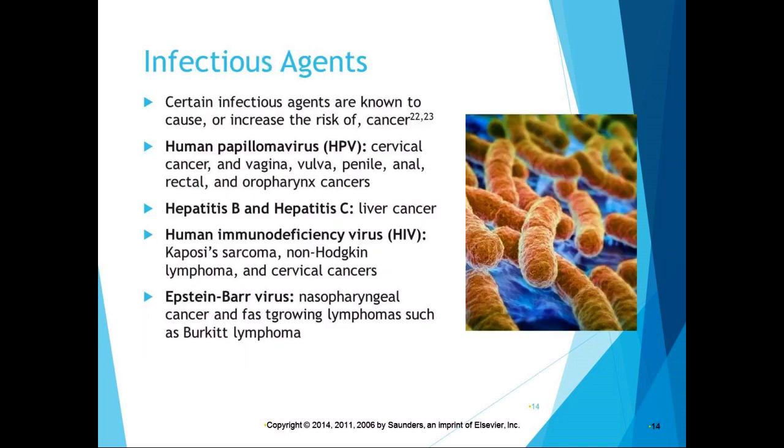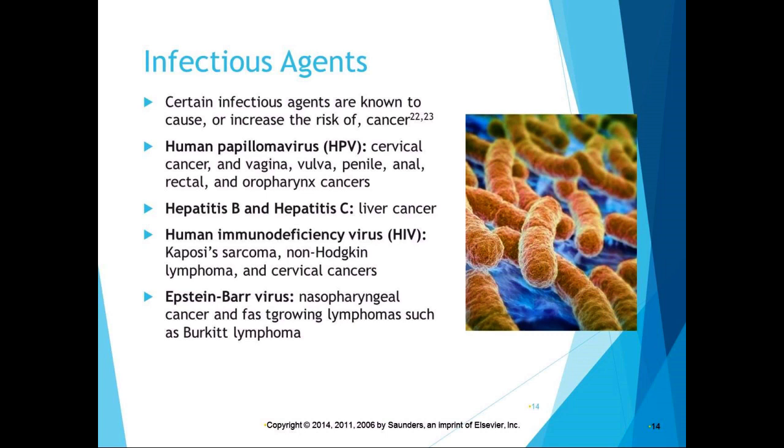Infectious agents: certain ones are known to cause or increase the risk of cancer. Human papillomavirus, HPV, increases the risk or causes cervical cancer, vaginal, vulval, penile, anal, rectal, and oropharyngeal cancers. There's a vaccine for that.